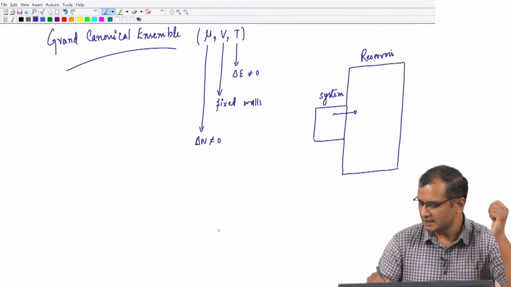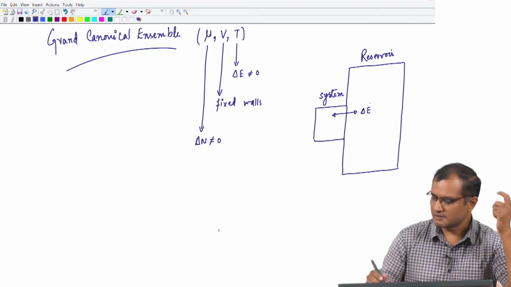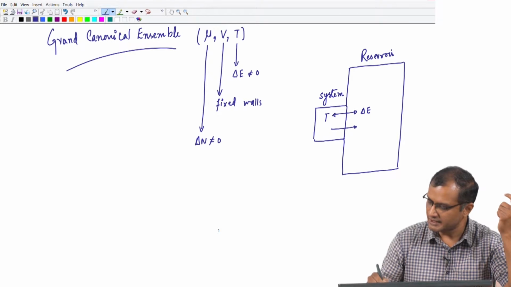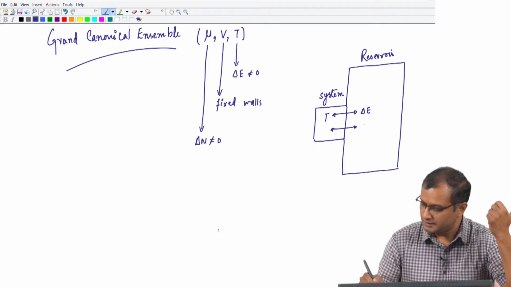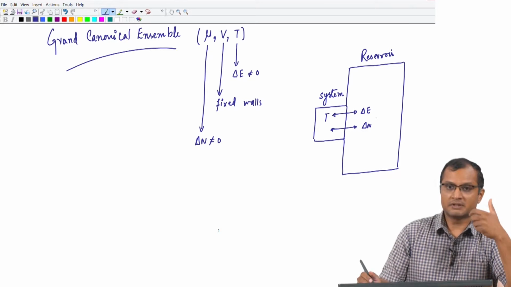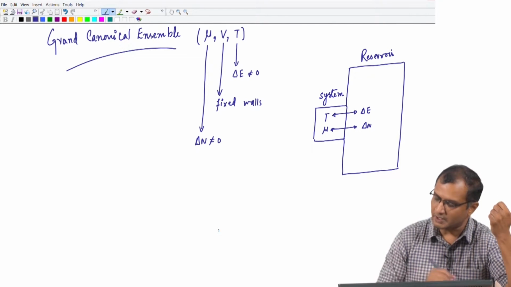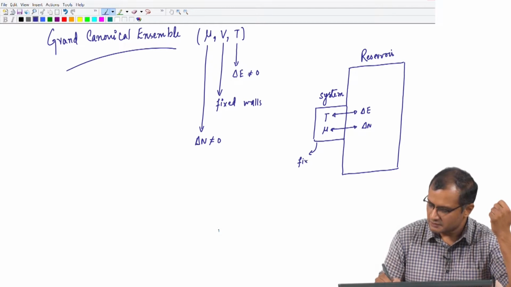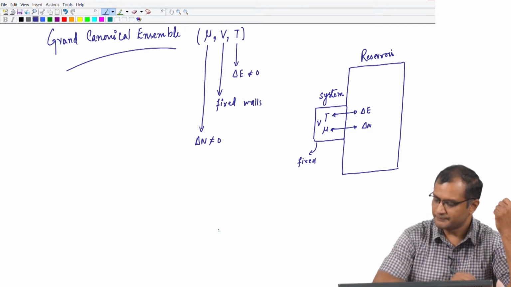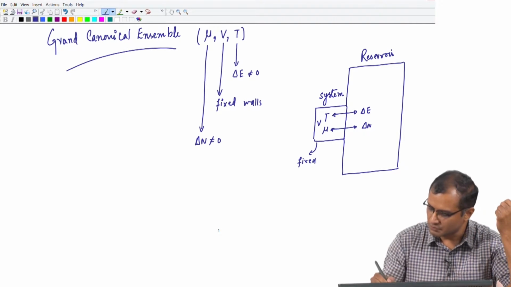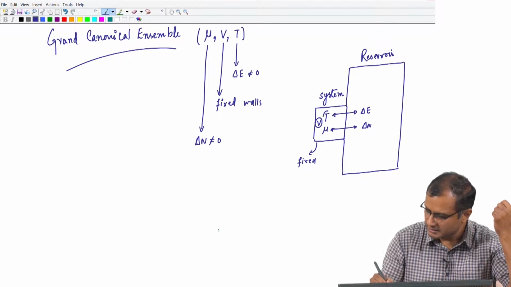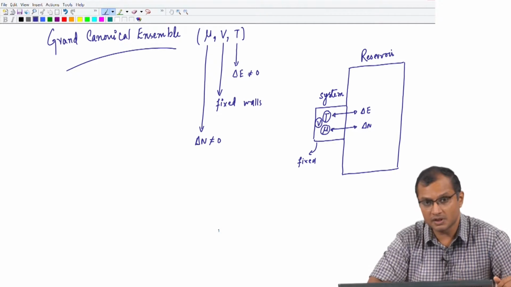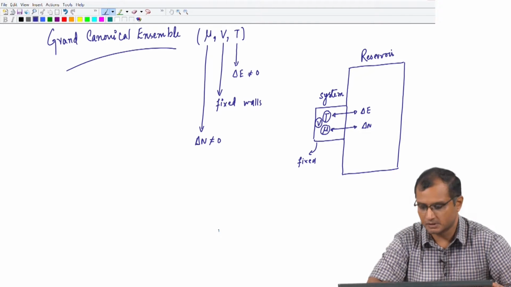So, let us indicate the exchange of energy between the reservoir and the system that maintains my temperature T, and indicate the number of particles that are exchanged between the system and the reservoir, and that maintains my chemical potential, and I have fixed walls. So, that maintains constant V. Okay, so, there are 3 variables mu, V and T that are maintained using this reservoir, using this ensemble.